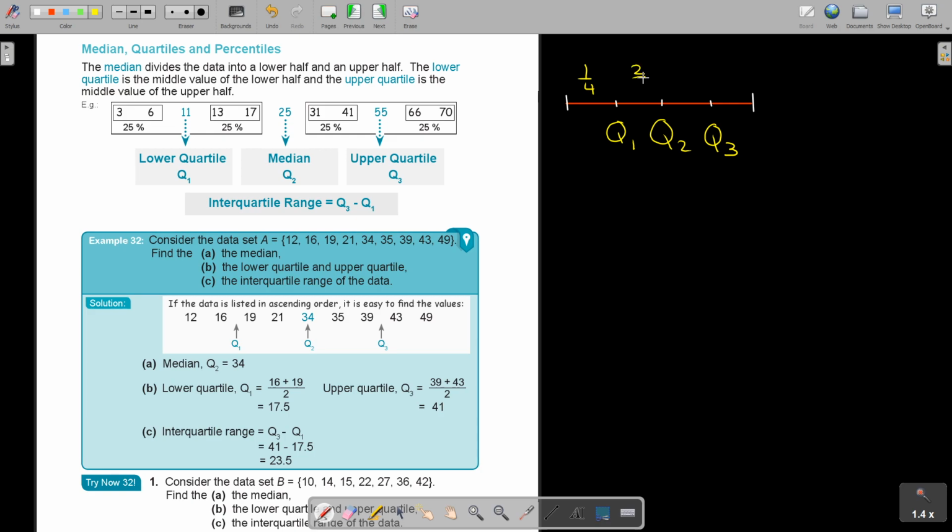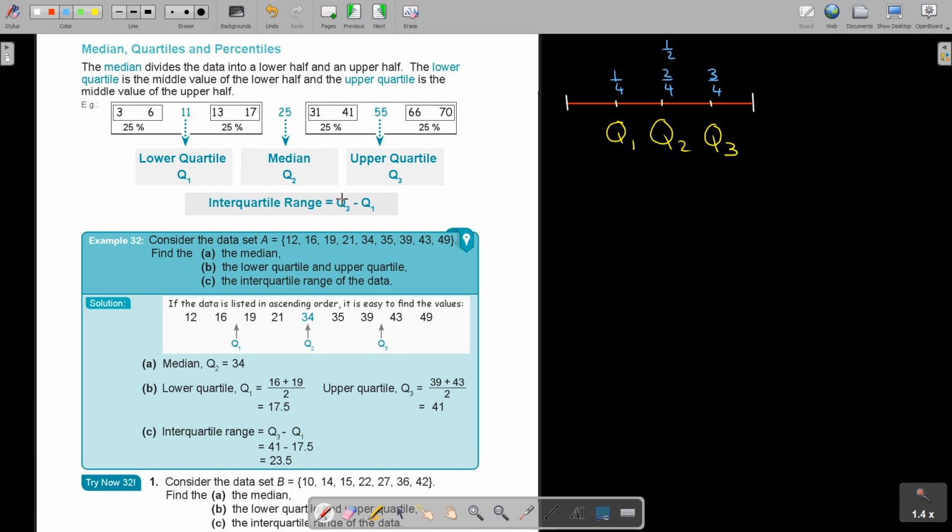This is actually 2/4, but it's actually half. This is a quarter. This is 2 quarters. And this is 3 quarters. So keep it in mind.